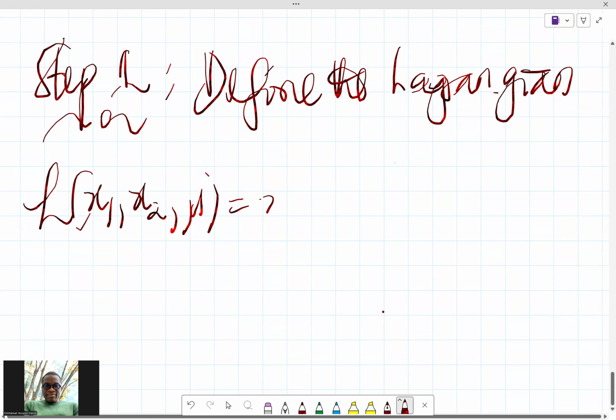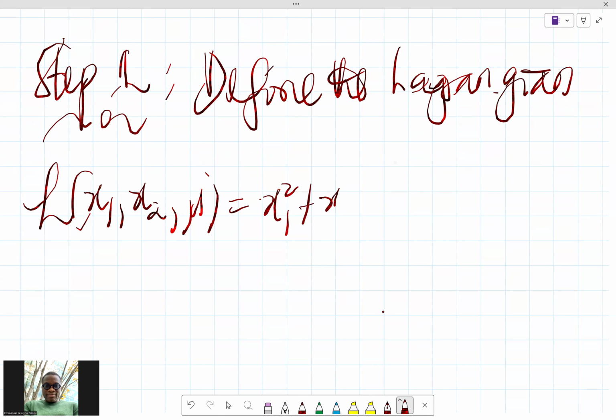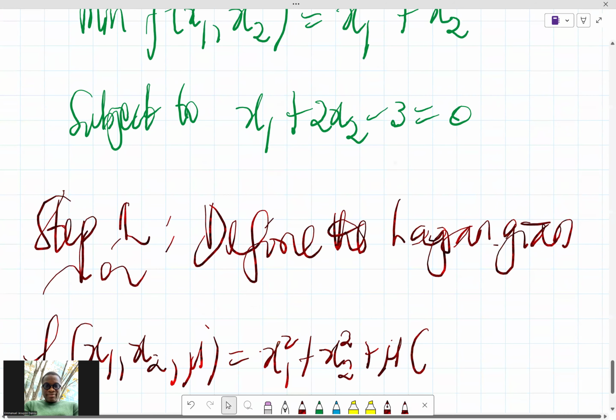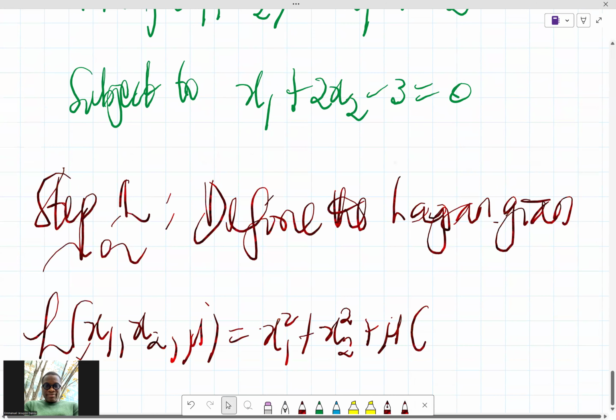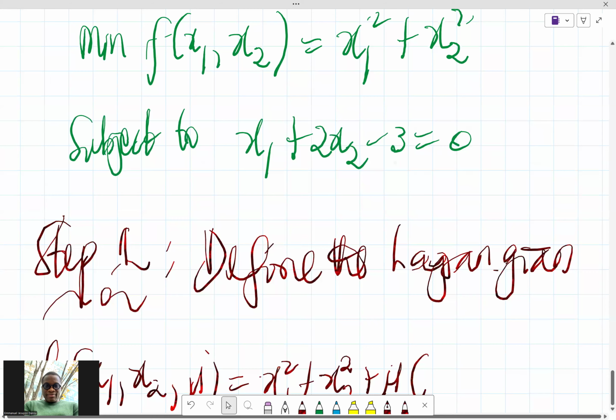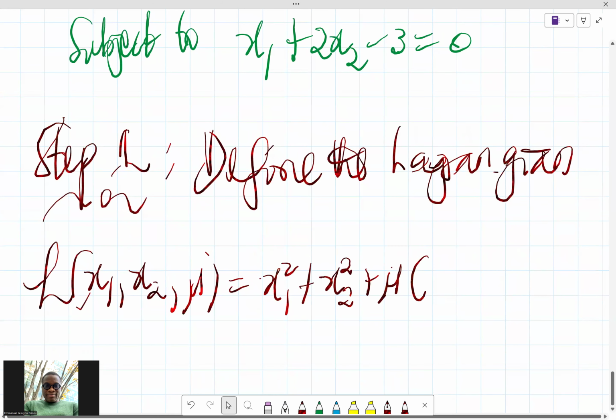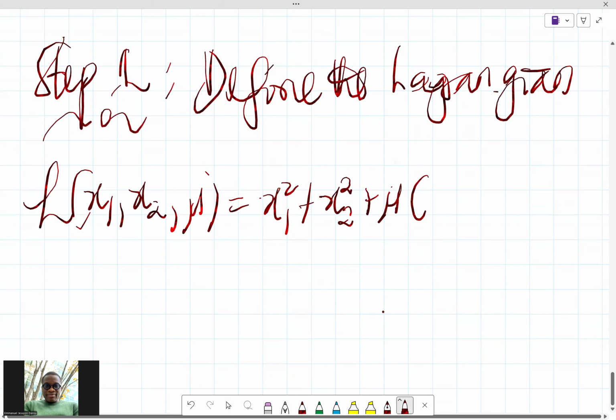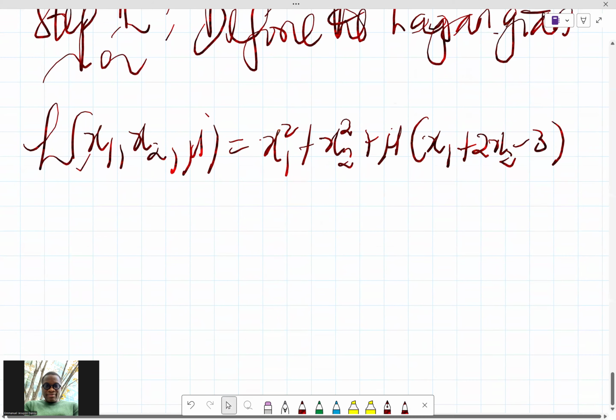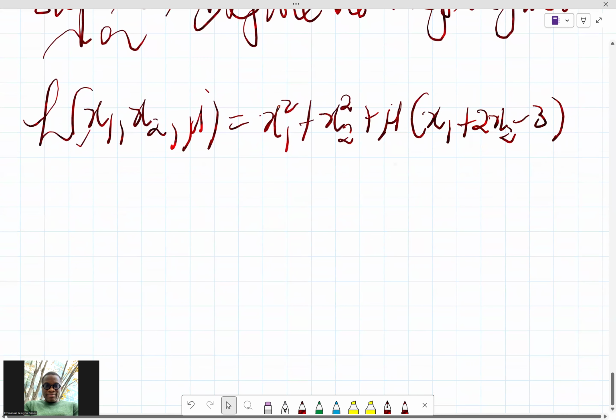So this is equal to x1 squared plus x2 squared plus mu times the constraint, which is already expressed in that way. If it is not, if you add 3 at the other side, you bring it to the left hand side, so everything can be together. So we now have x1 plus 2x2 minus 3, like this. So that is the Lagrangian easily.